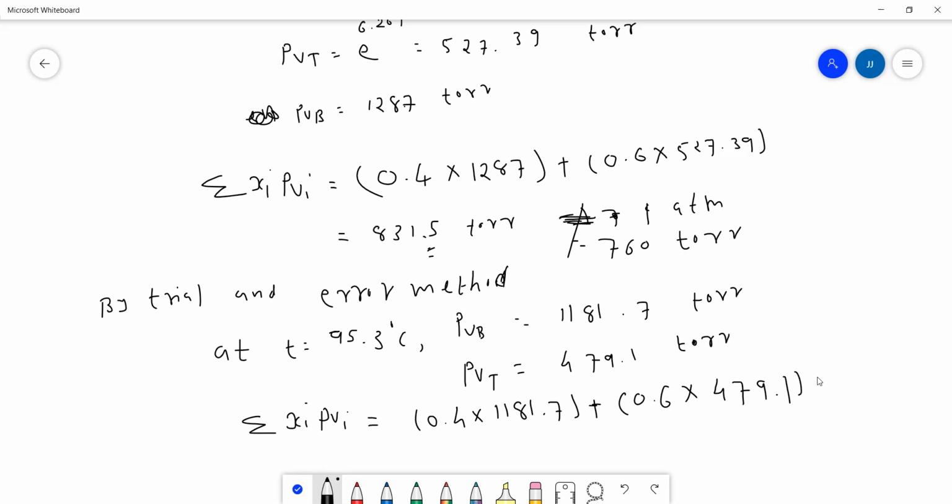You will get 760.1, which is considered nearly equal to 760.